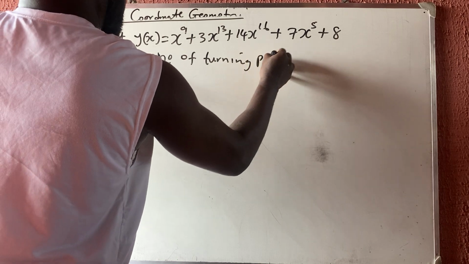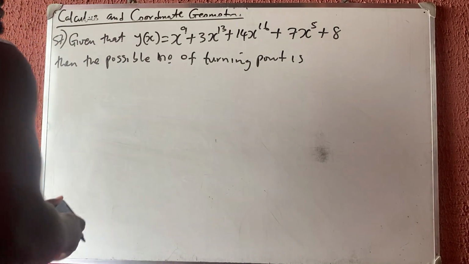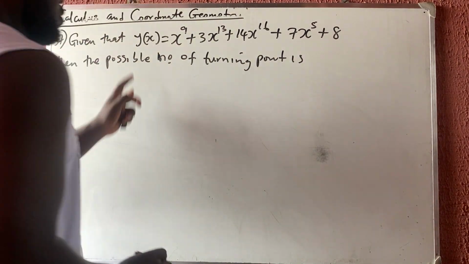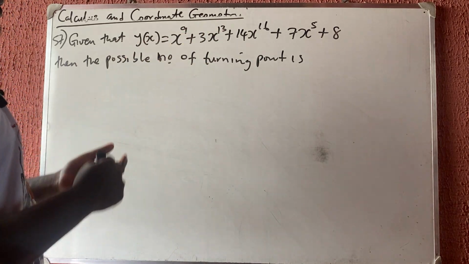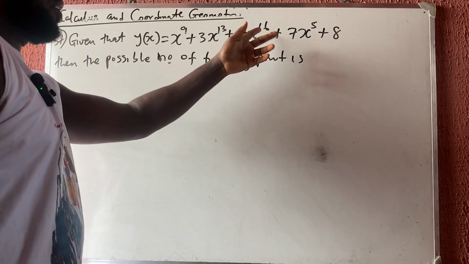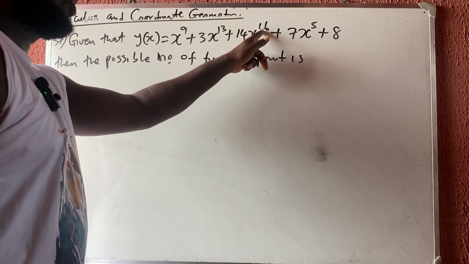To get the turning point, you have to differentiate this thing once, then equate it to 0. So if I differentiate this thing once, the highest power is going to be 15.